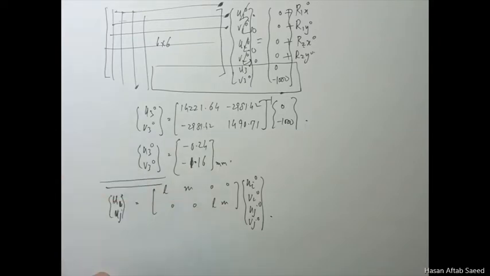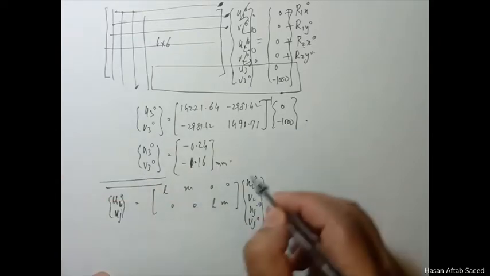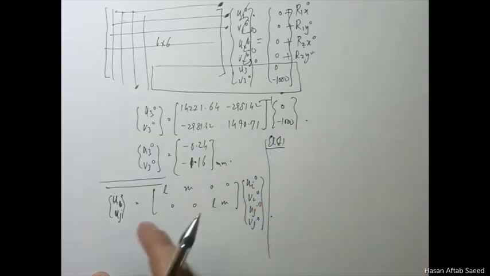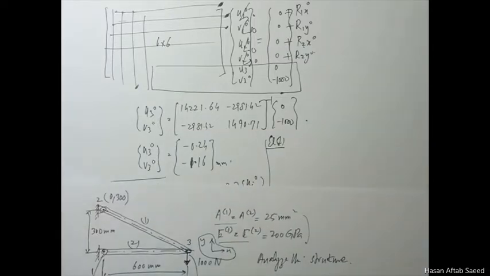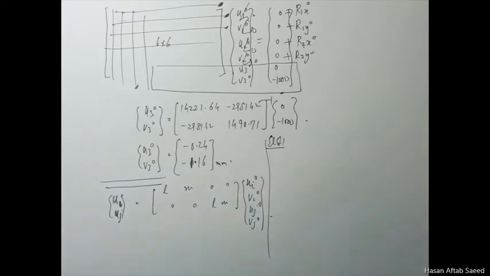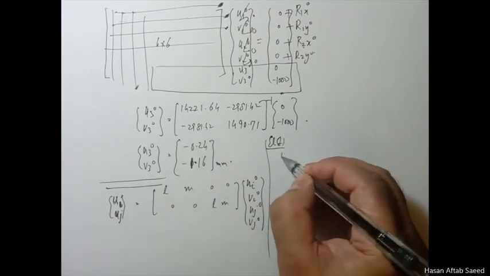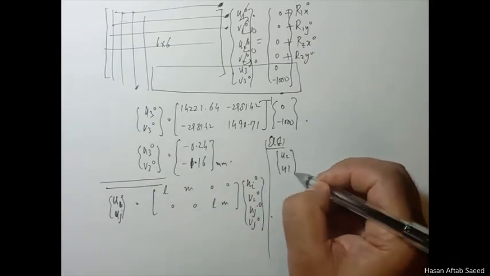Now we have two elements, so for element 1 this takes the shape. For element 1 we have u2 and u3, so ui and uj become u2 and u3.